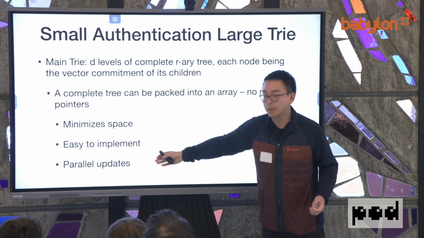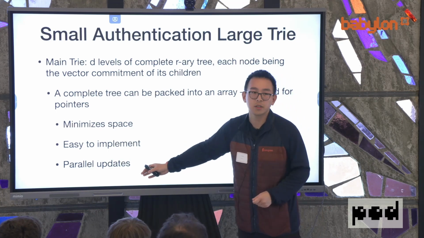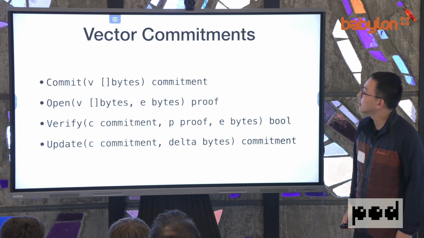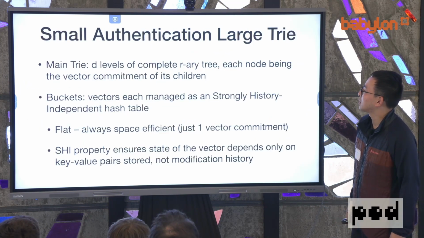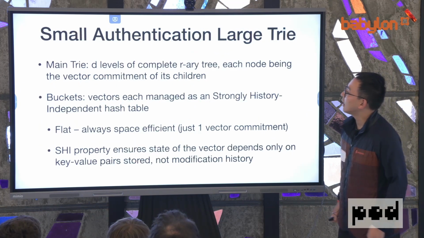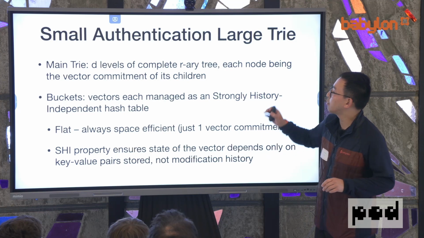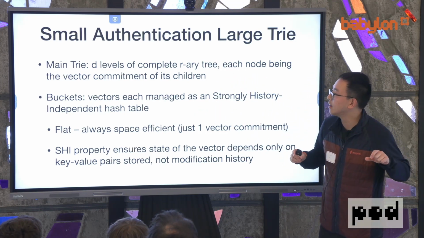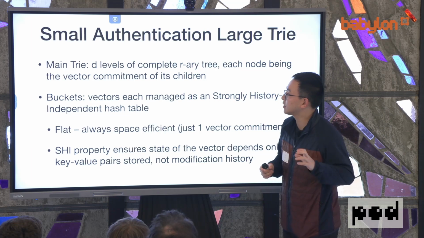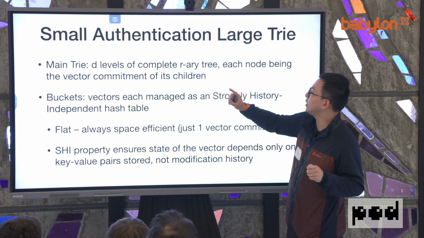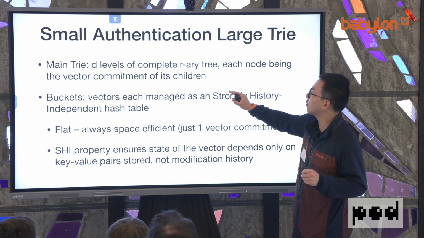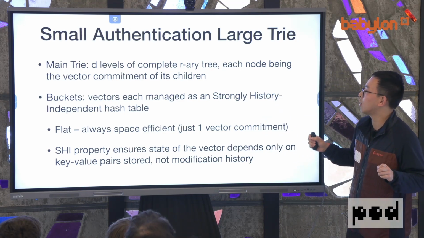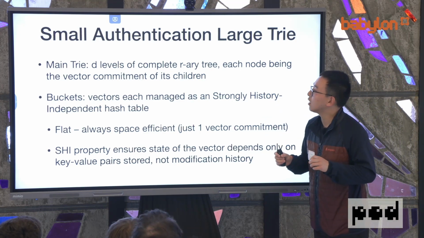It's very easy to implement, the code is very clean, and parallel updates to this trie are also very easy. I'll skip what a vector commitment is. Below the main trie, you have buckets. Each leaf of the main trie corresponds to one bucket. So we have R to the power of D minus 1 buckets, because there are R to the power of D minus 1 leaf nodes of the main trie.